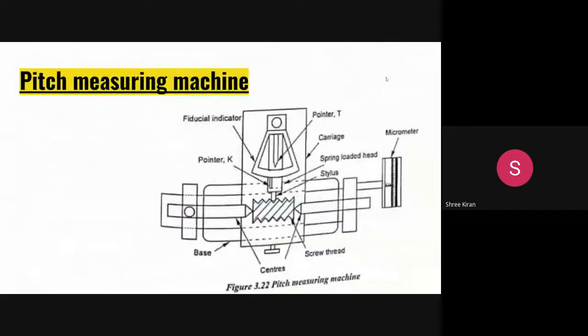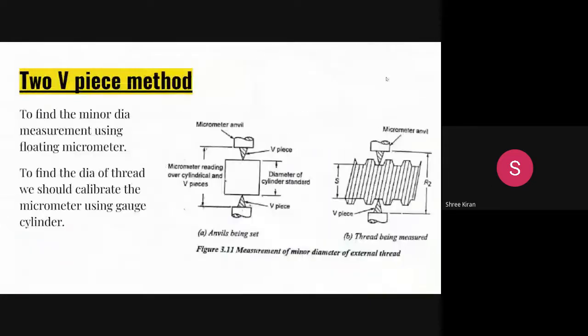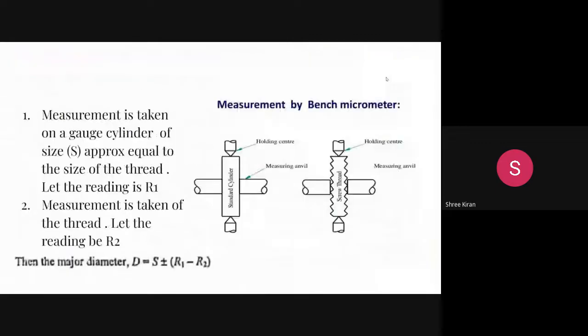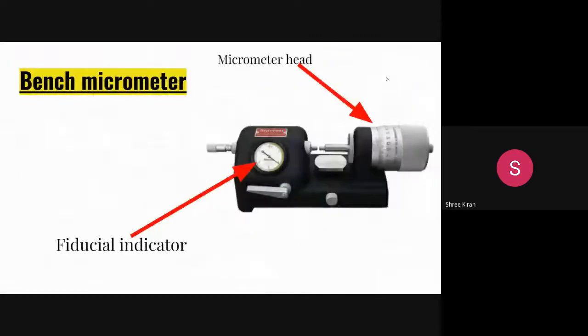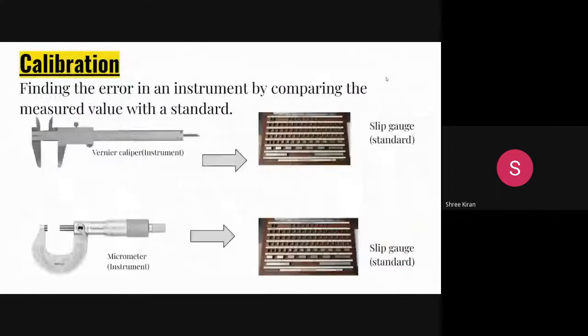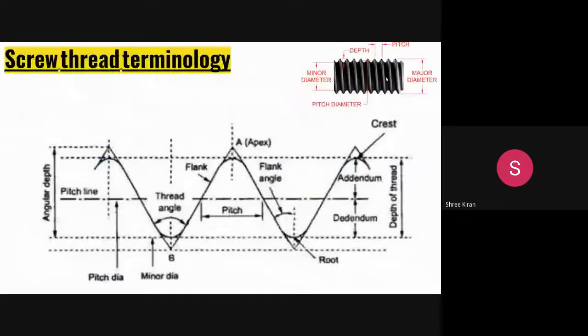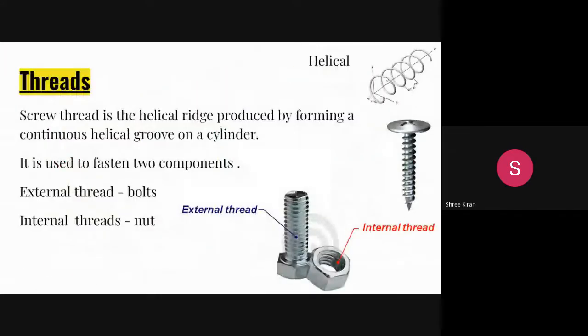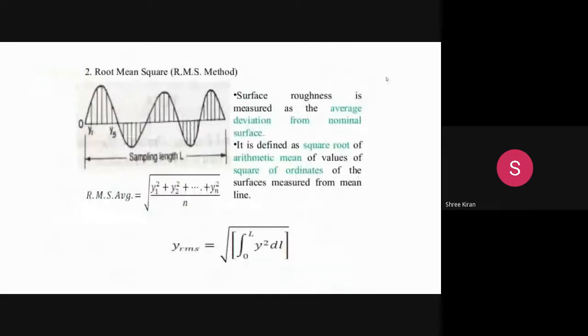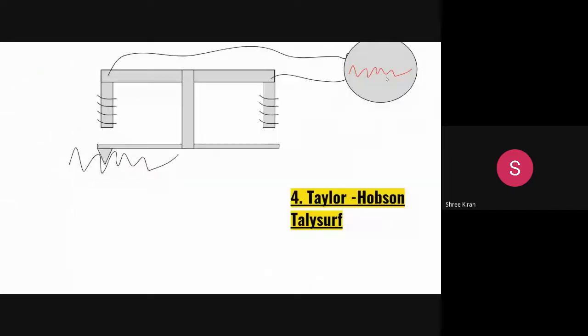So what is the purpose of a stylus in this case? It was mainly discussed in the measurement of screws and threads, regarding the helical and dimensional aspects, all that.